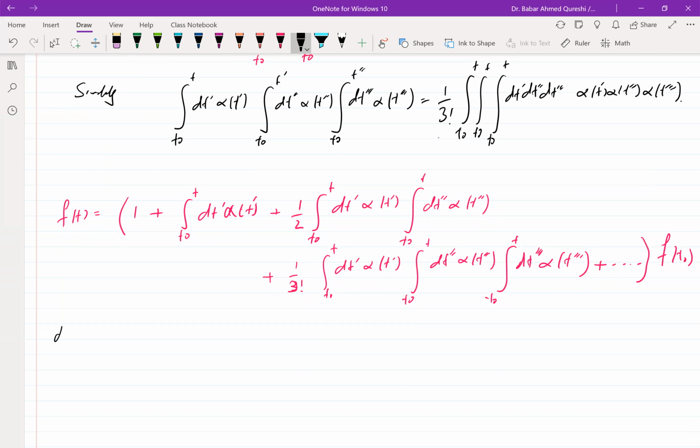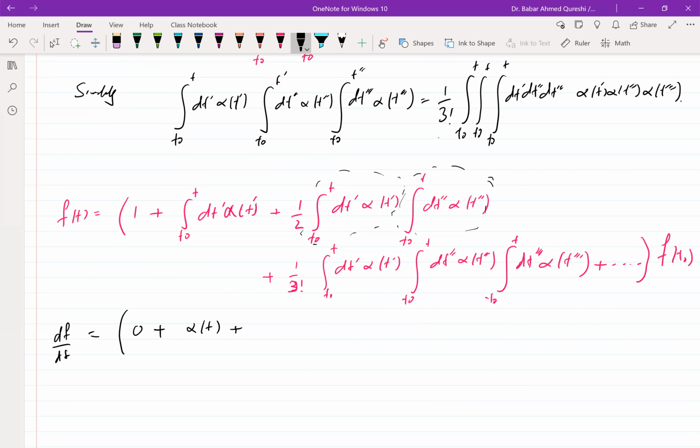Now you can see that when I will take a derivative, again, one will be removed. From here, I'll just get alpha of t. But when I hit the next term, I don't just remove one integral because both integrals have limit t. So these two things become functions of t being multiplied. So I have to use the Leibniz rule.